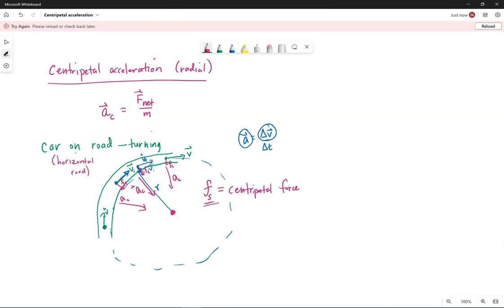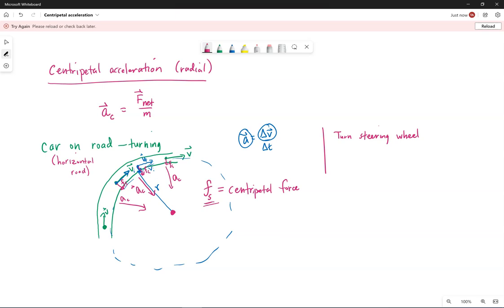Now, if we're driving down the road and we are the ones that are going to make the car turn, we know that we turn the steering wheel. So inside the car, we would turn the steering wheel, which of course directs the wheels in a different direction.